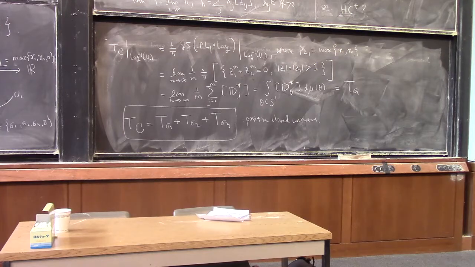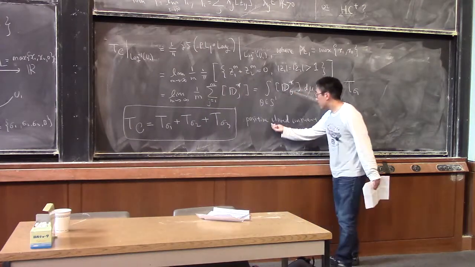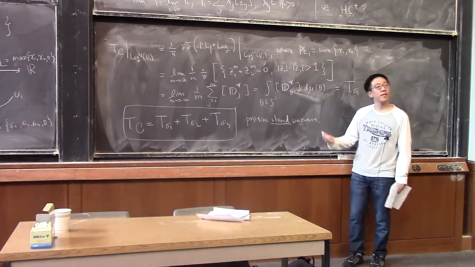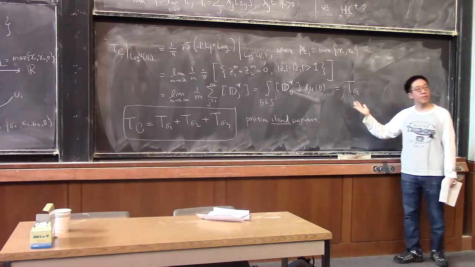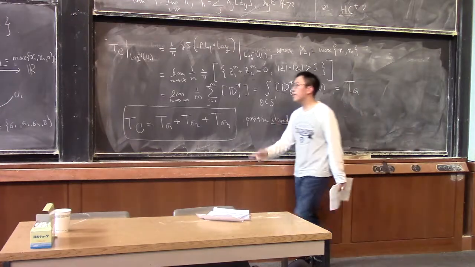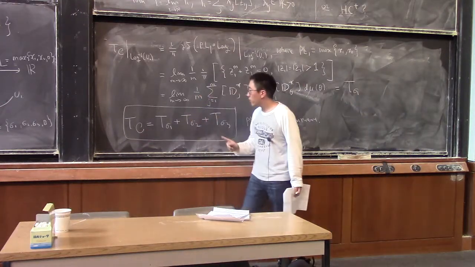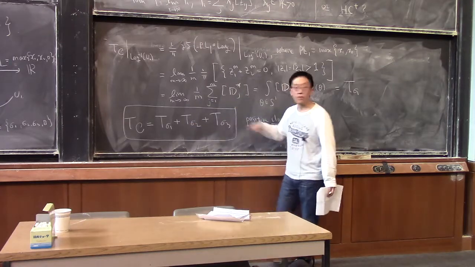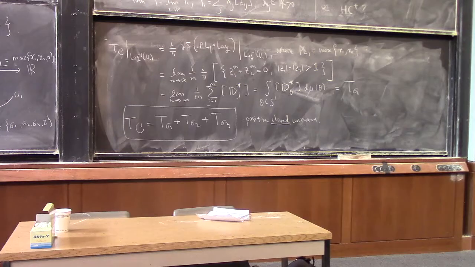But there is something miraculous about what we have computed so far. This is the fact that this sum is a closed current. In the way I presented, this is obvious because by definition, I defined T as a limit of closed currents. But if you view it as a sum of these three pieces, then the fact that the sum is a closed current is quite miraculous.